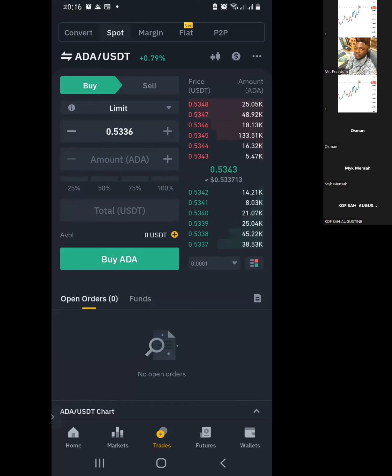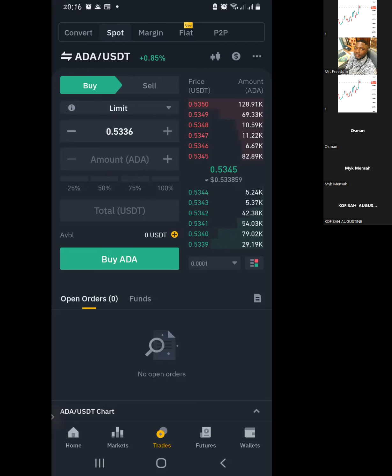Okay. So now, when you have to set up a trade, there are majorly 3 things you do. The first thing is you want to select your type of trade. By the type of trade, I mean when you look below the buy button, you can see the word limit there.